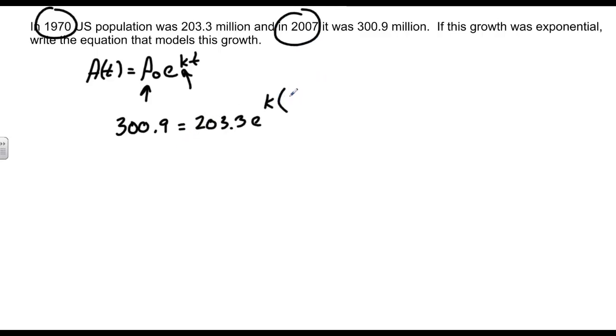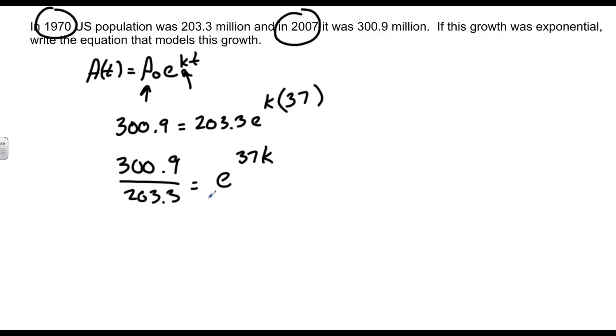So that was over 37 years. If we solve for k in this case, then we'll be able to write our equation. Divide by 203.3 first. So I have 300.9 over 203.3 is equal to e to the 37k.